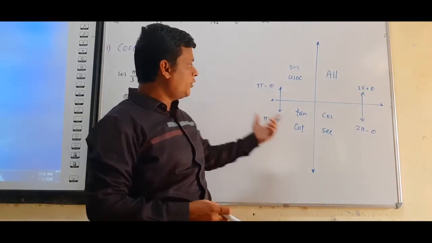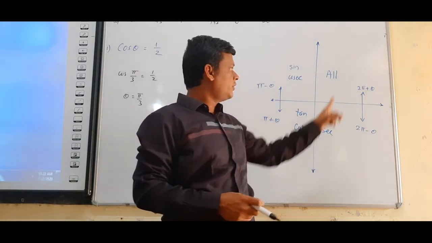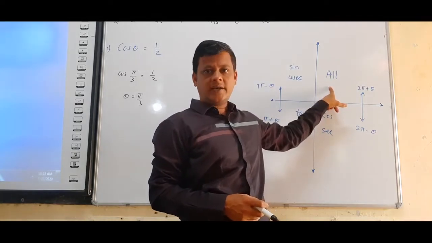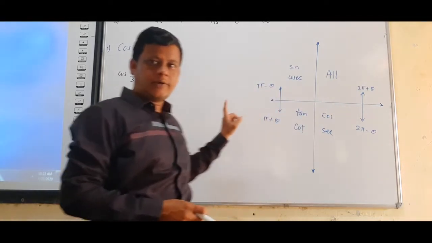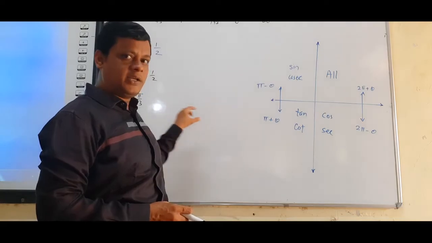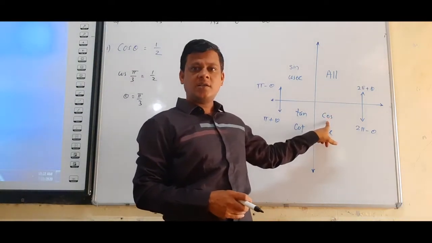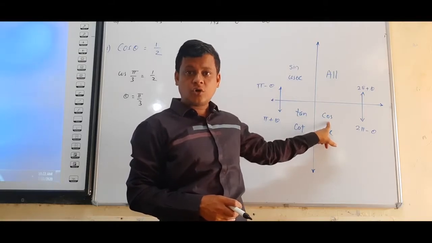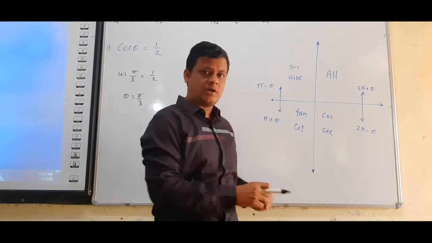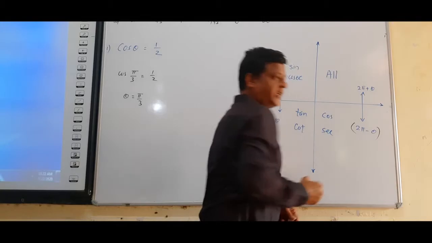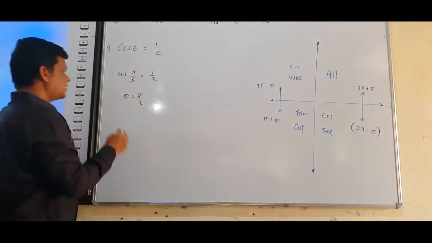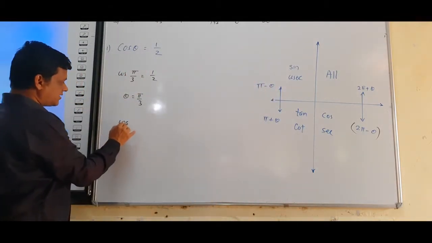See, in which quadrant is cos positive? We know that in the first quadrant all ratios are positive. So we get the value from the first quadrant, that is pi by 3. Now we have to find the second value. Cos is positive in the fourth quadrant, and for the fourth quadrant we use 2 pi minus theta. So we have to use the second formula, cos.